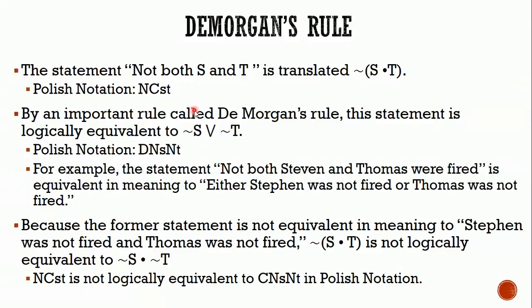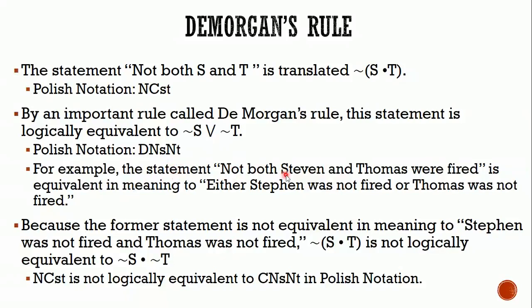By an important rule called De Morgan's rule, this statement is logically equivalent to the negation of S or the negation of T. In Polish notation, we'll write it like this. This is the main operator, so we have D, the disjunction of the negation of S and the negation of T: capital D, capital N, lowercase s, capital N, lowercase t.